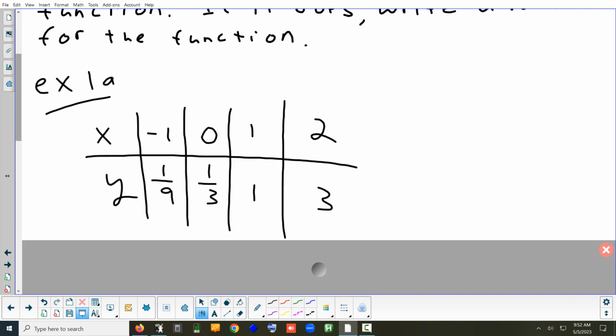There's your y values. Okay. Does anyone think they see what the pattern is in the y values for that one? Yeah, you are multiplying by 3.